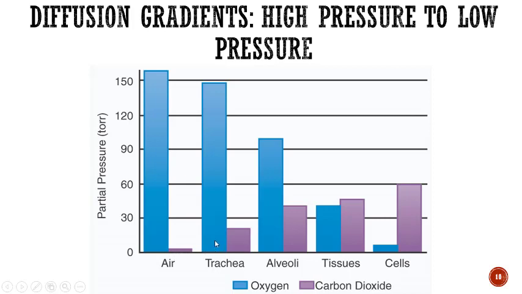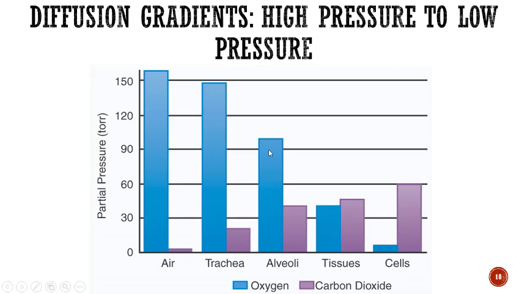When you get into the trachea, which is your large airways, your conducting zone, you can see you still have quite a bit of oxygen, and then you're starting to get a little bit more CO2. When you go down to the alveoli, that oxygen is getting a little bit lower, and the reason why is this carbon dioxide is getting a little higher.